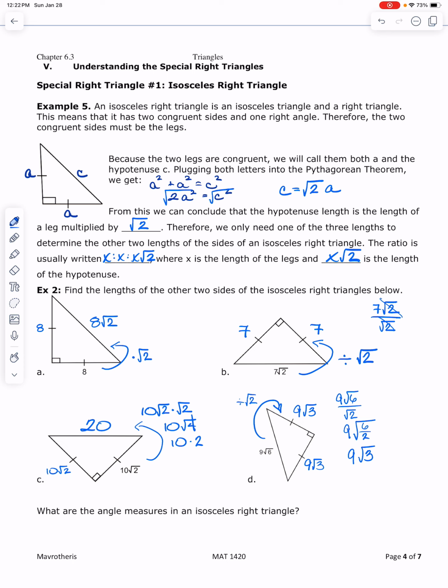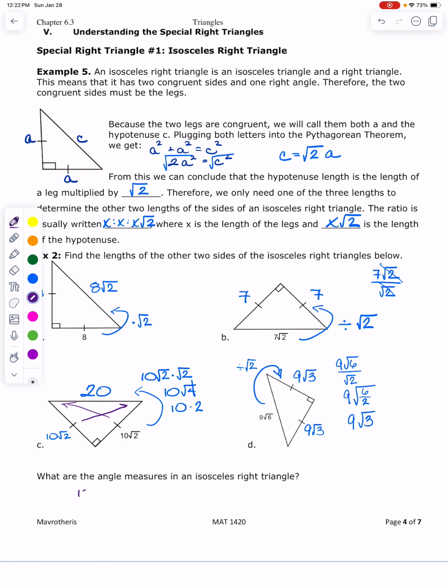We also know that in an isosceles right triangle, the angles across from the sides that are the same length have to be the same measure. I have 180 degrees minus 90, that's my right angle.